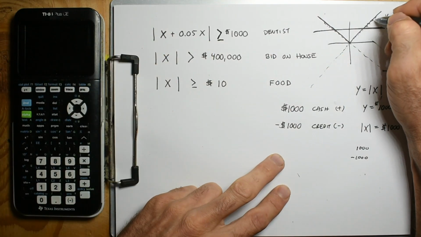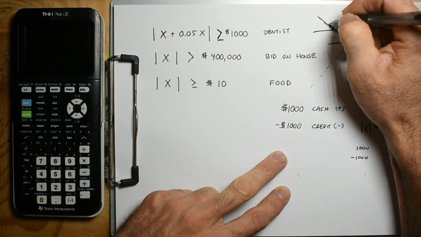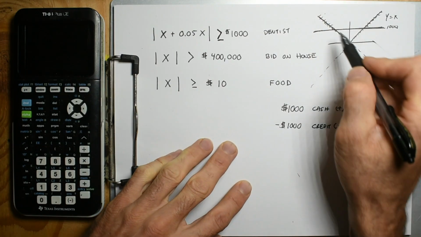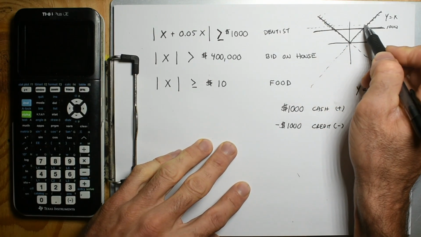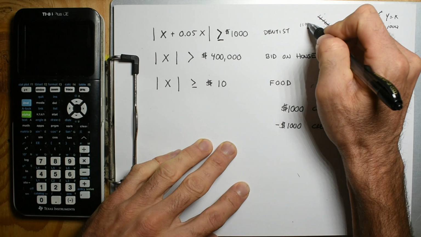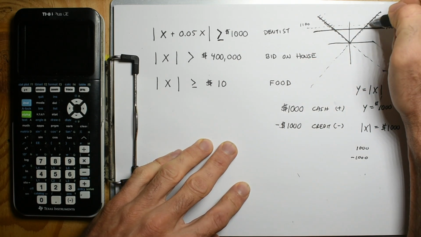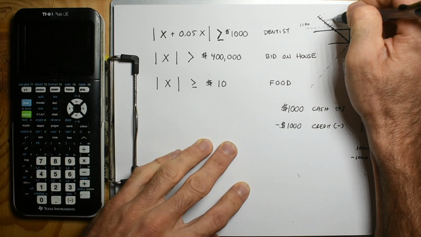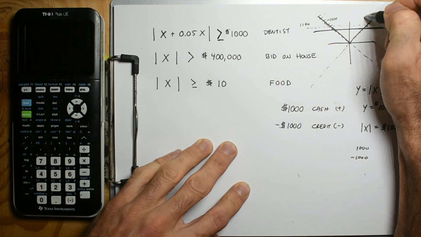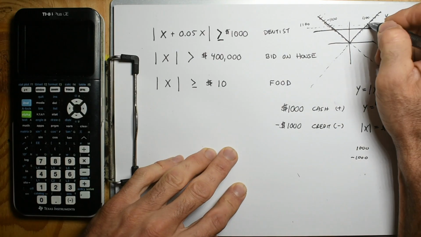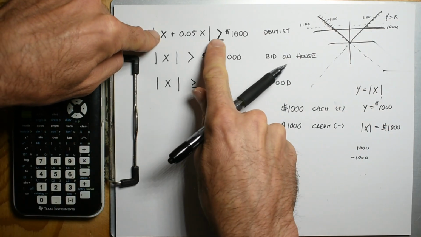If I hit these values, we're in. Let's say this value right here is $1,100. So I'm going to have positive 1,100 and then negative 1,100 over here. Both of those are solutions that satisfy.